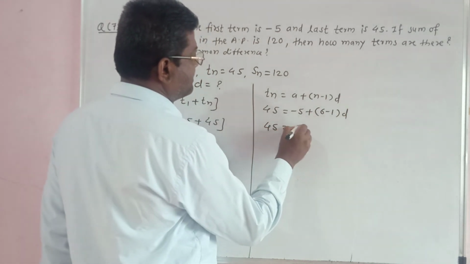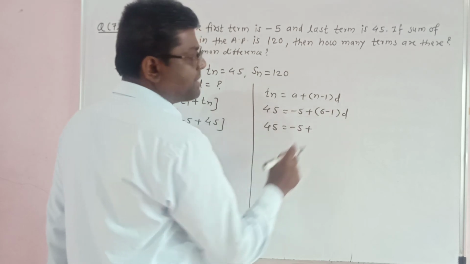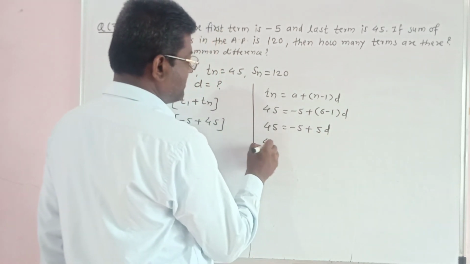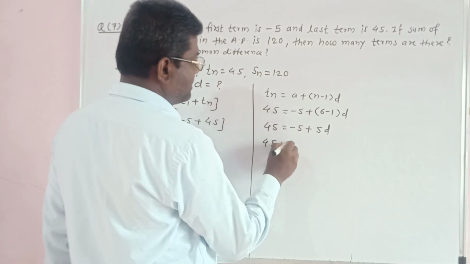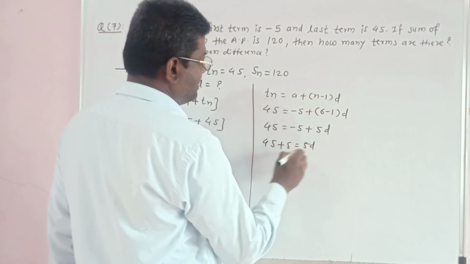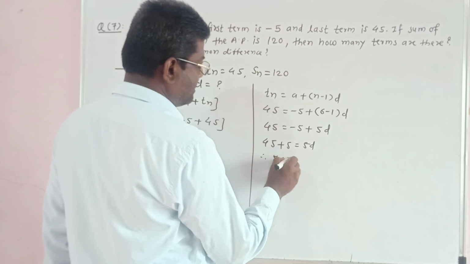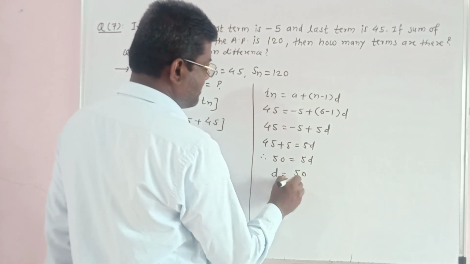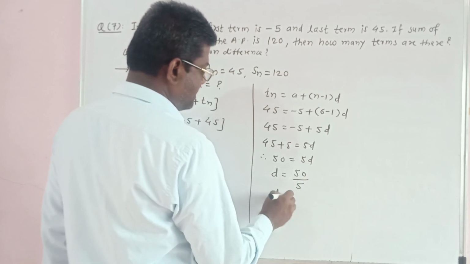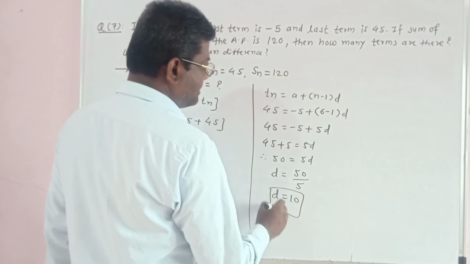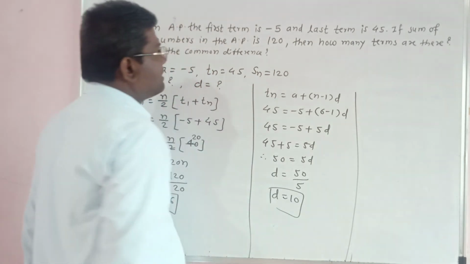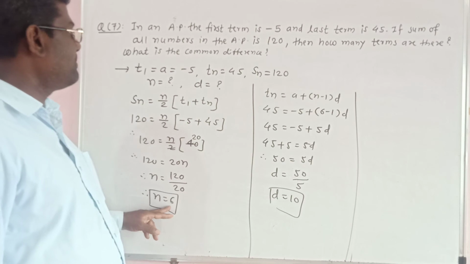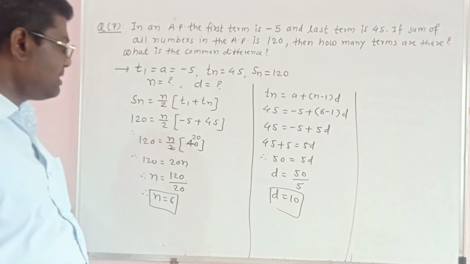Therefore 45 is equal to minus 5 plus 6 minus 1 is 5, plus 5d. Therefore 45 plus 5 is equal to 5d. Therefore 50 is equal to 5d. Therefore d is equal to 50 upon 5. Therefore d is equal to 10. Therefore there are 6 terms in the AP and the common difference is 10.